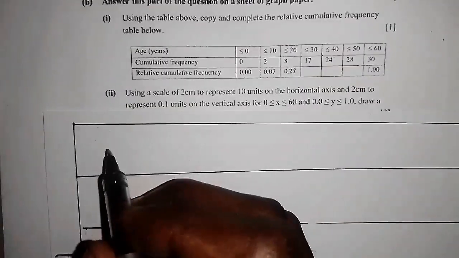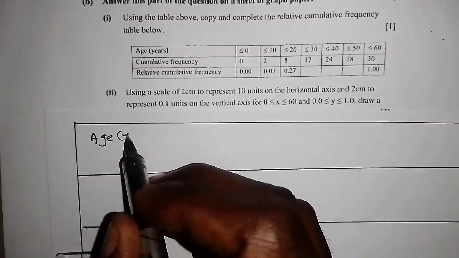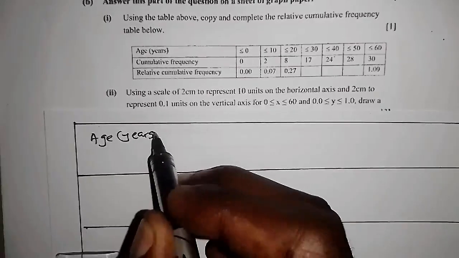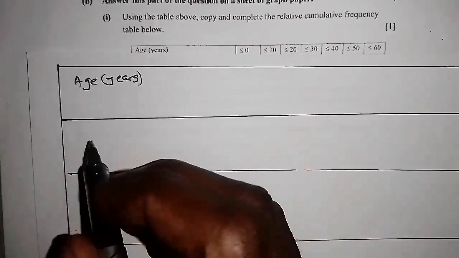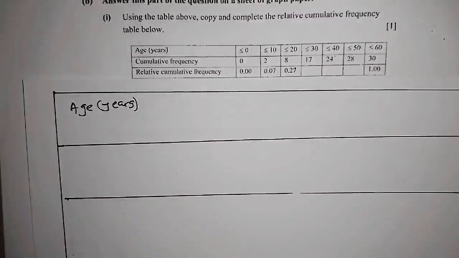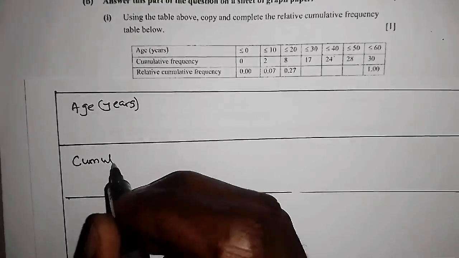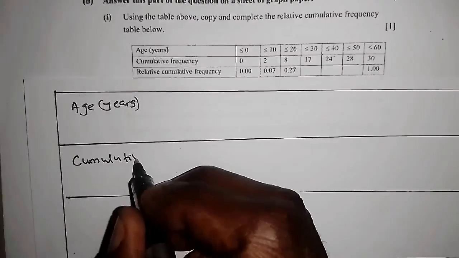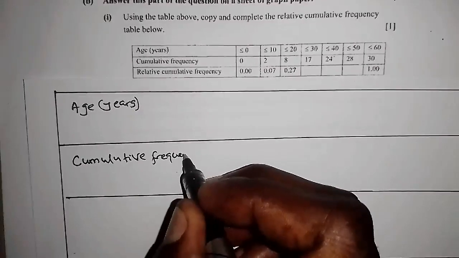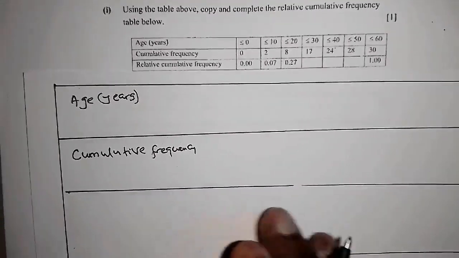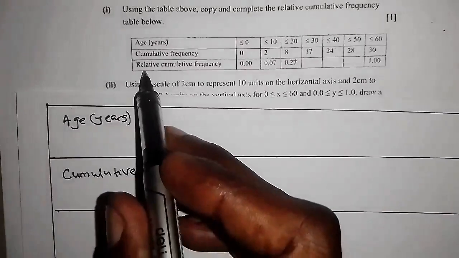I'm just going to write what is there. The last one is relative cumulative frequency.